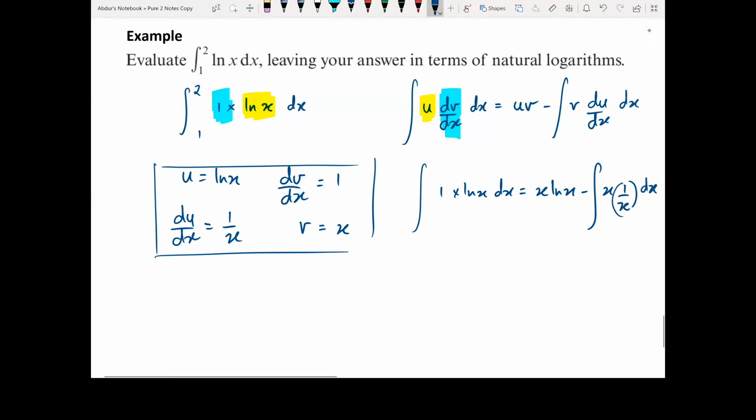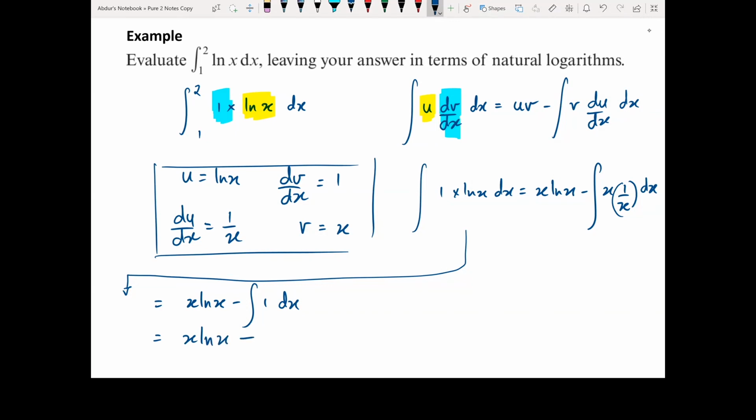This then simplifies to x ln x minus the integral of simply 1 dx. And when we integrate 1, we simply get minus x.